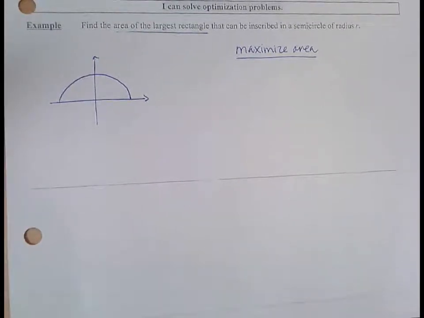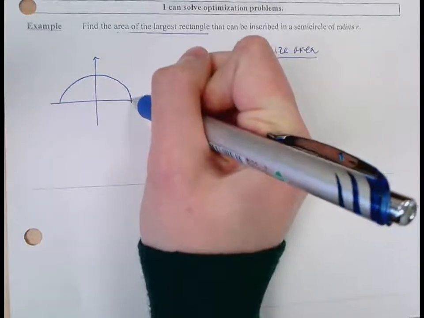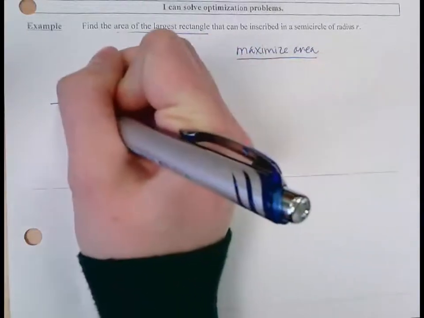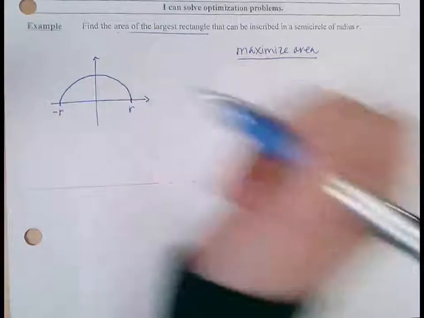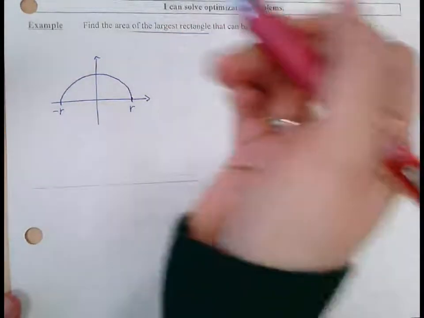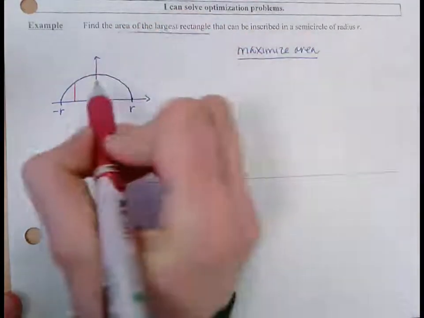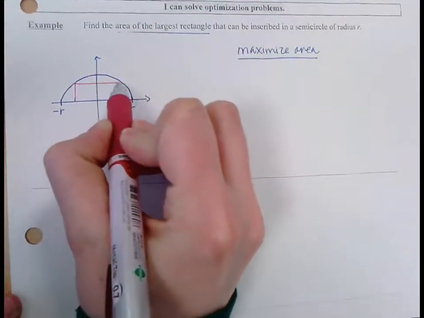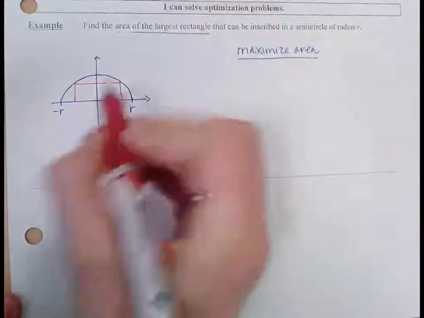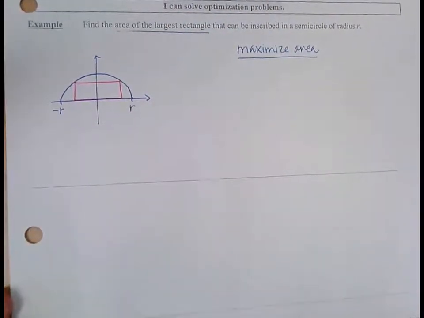So there's the semicircle, and then if I have a rectangle inscribed in the semicircle, and this is of radius r, so I know this x value here would be positive r, this x value here would be negative r. A rectangle inscribed would look something like that.